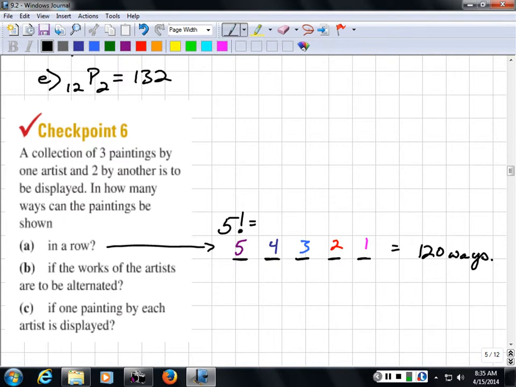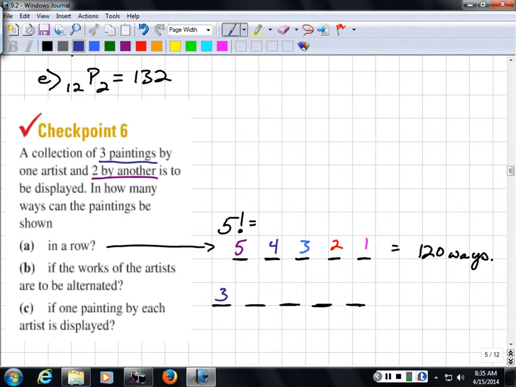If the works of the artists are to be alternated, well, for this one, I have 3 paintings, and then I have 2 paintings. The only way to do that is, number 1, I have to understand that I've only got 5 slots, right? And if I'm going to alternate them, I'm going to choose the first artist, and I'm going to pick one of his 3 paintings to go there.